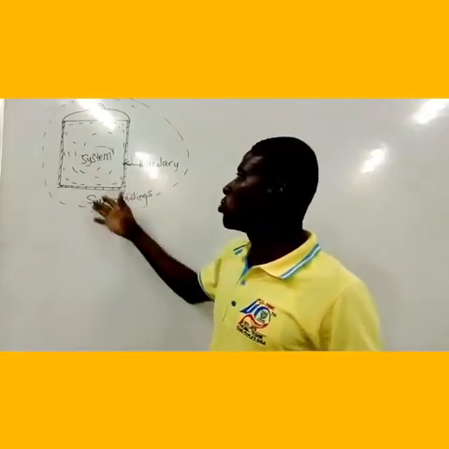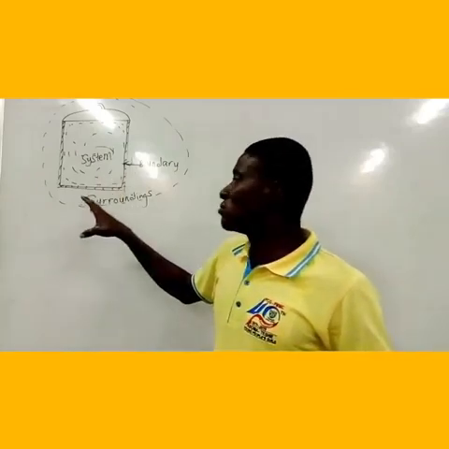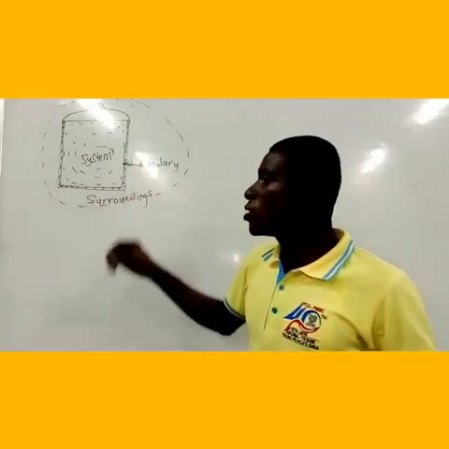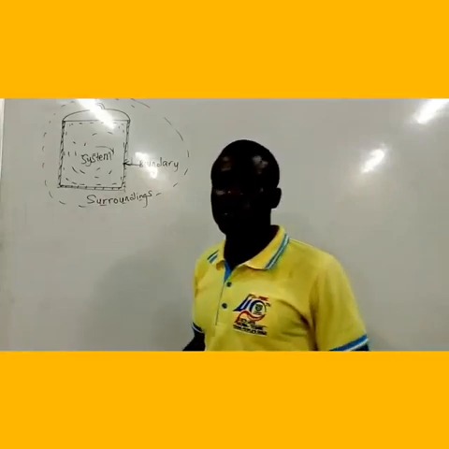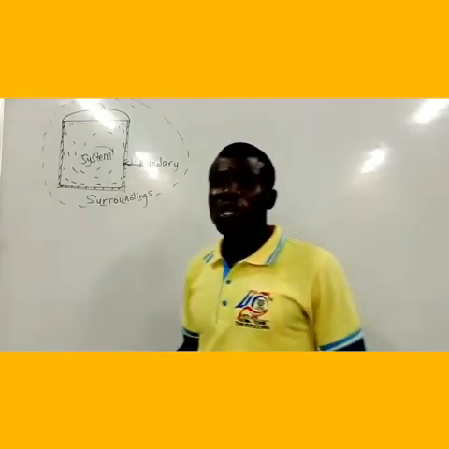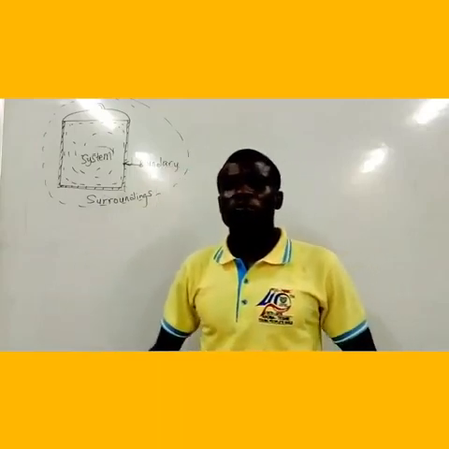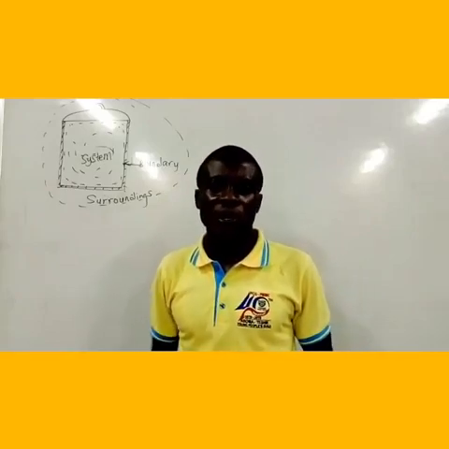Now we should be able to know all these things so that when we make mention of any of these terms in thermodynamics, you'll be comfortable and able to understand.